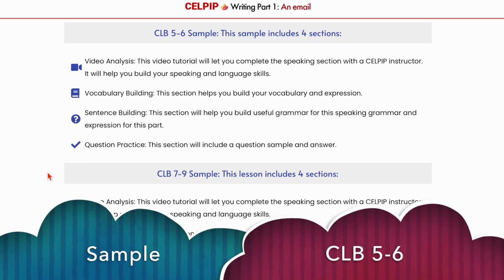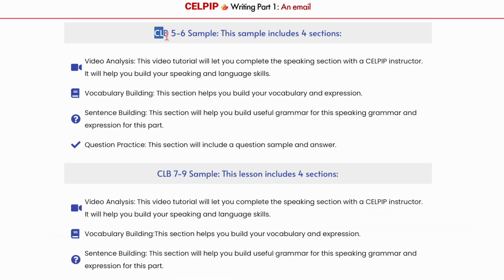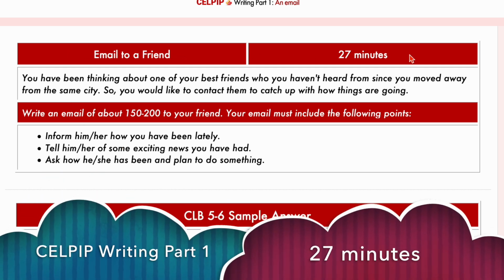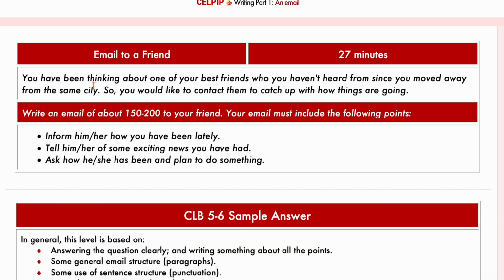And this example will be a 5-6 example, okay? Okay, so email to a friend, 27 minutes, okay? You have been thinking about one of your best friends. So you're thinking about your friend who you haven't heard from, so you didn't hear from them since you moved away from the same city.